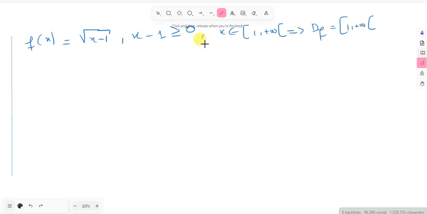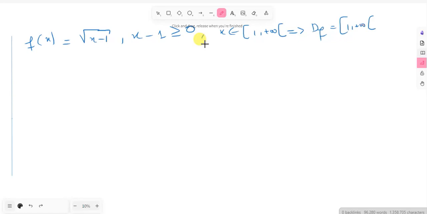We go now to the second question, which is about checking whether Df is mapped to itself or not. Here we need the variation table to see how f varies on the interval [1, plus infinity), so we can find the image of this interval using f.